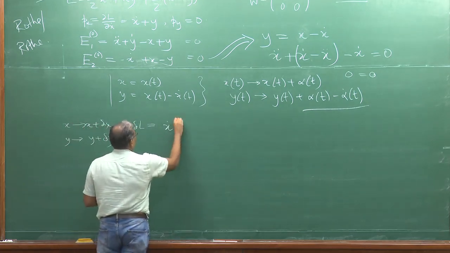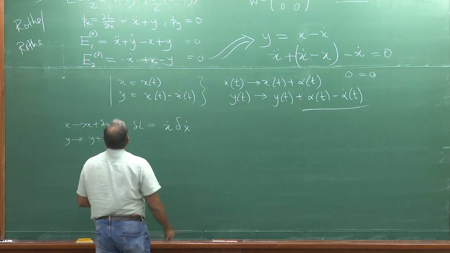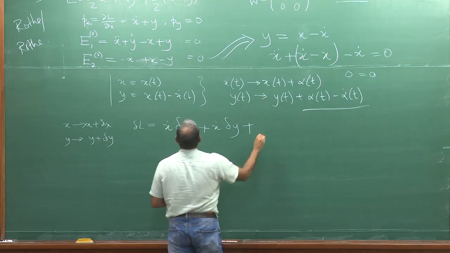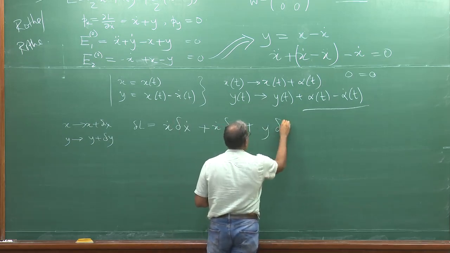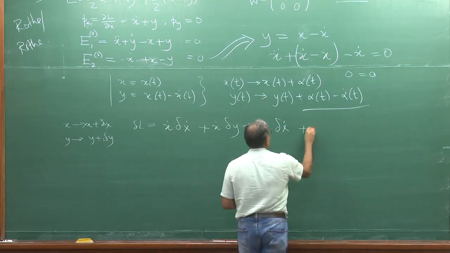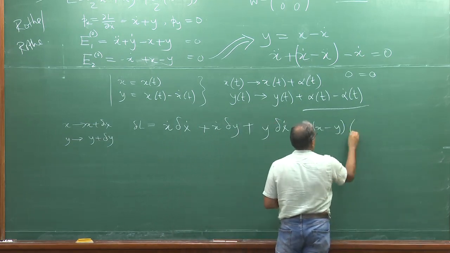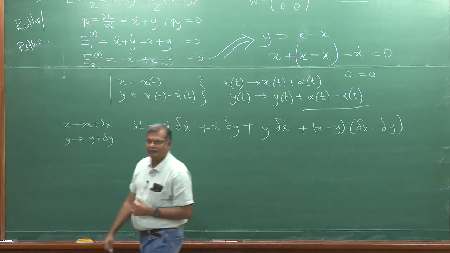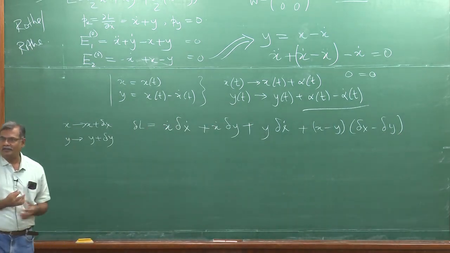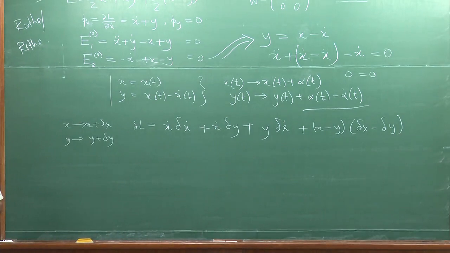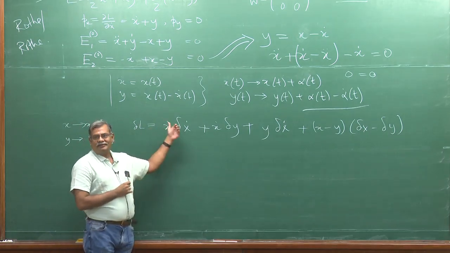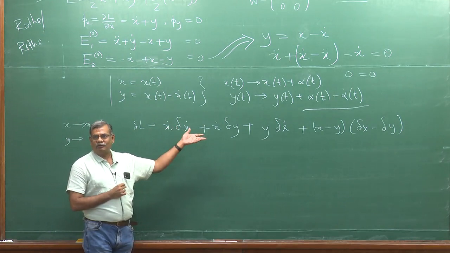That's going to be x dot delta x dot plus x dot delta y plus y delta x dot, right, plus x minus y to delta x minus delta y, right? That's the first order variation. It's very easy to write down. Just the change in the square is, well, twice the value into this, it's just the a plus b whole squared formula.